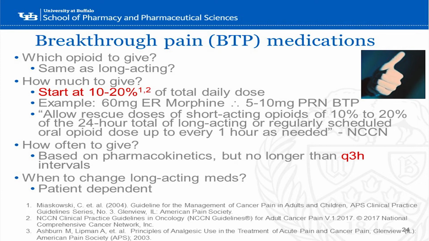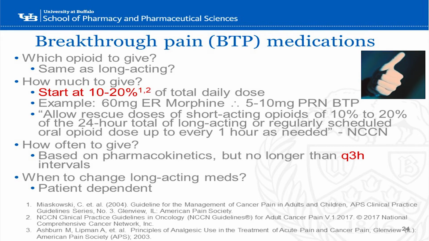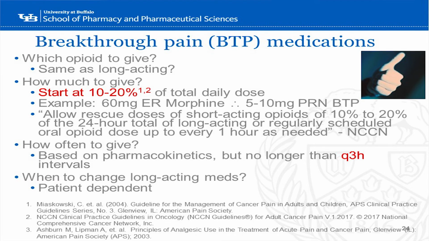The next question that comes up is how much to give. I've highlighted here that starting at 10 to 20% of the total daily dose is recommended by a number of different organizations and guidelines. So for example, if the extended release morphine dose is 60 milligrams per day, then a 10 to 20% dose, based upon available dosage forms, is about 5 to 10 milligrams as needed for that breakthrough pain.